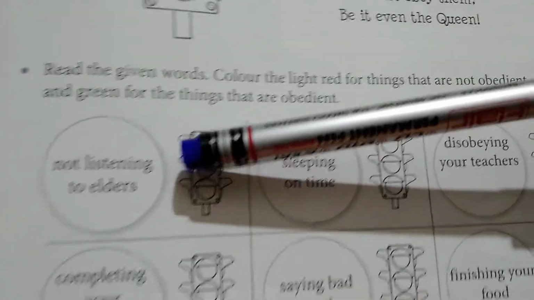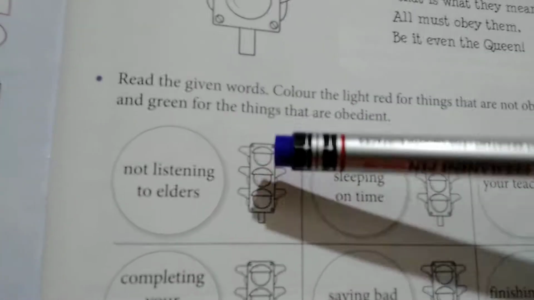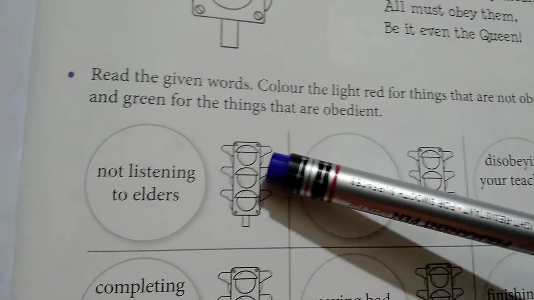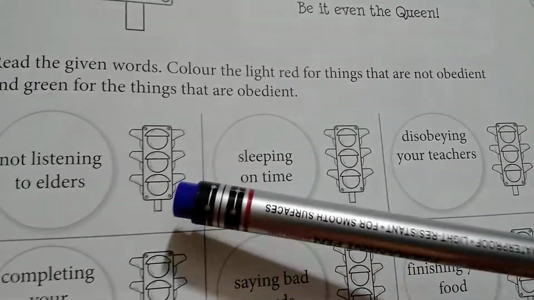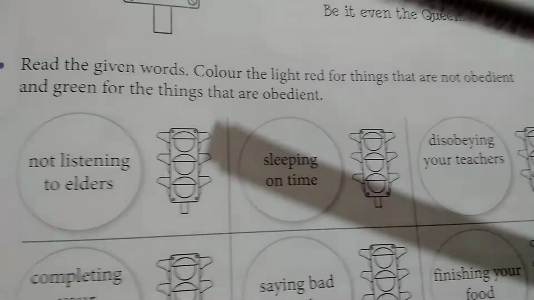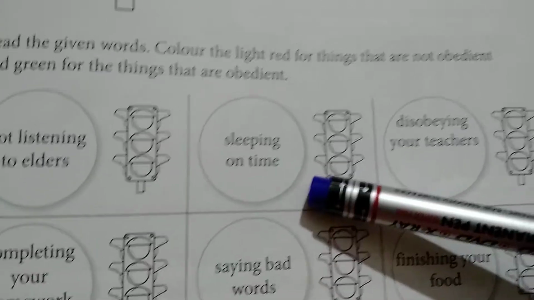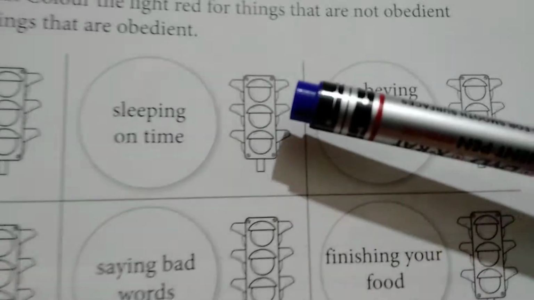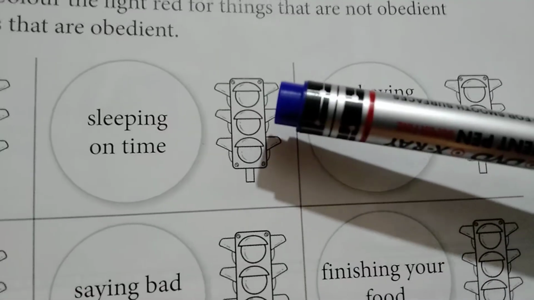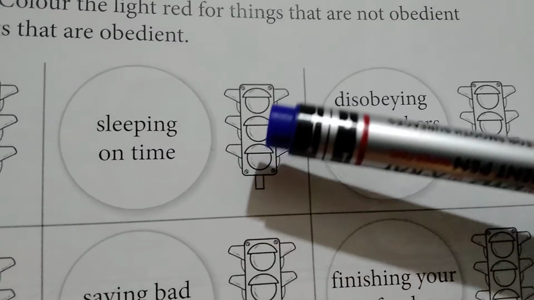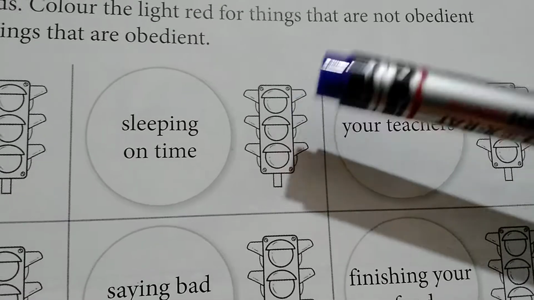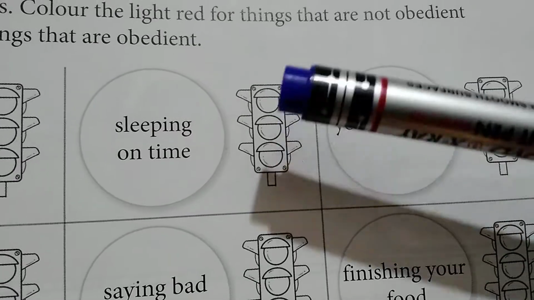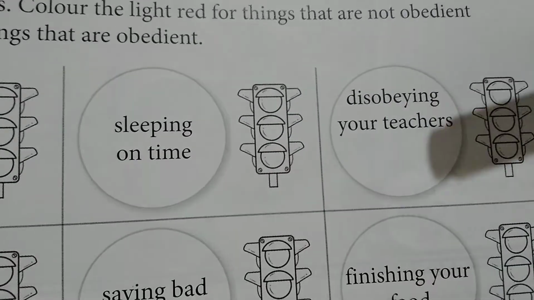Not listening to elders. What do you think? Is it for red or green? What should you color here? Red or green? Do it yourself. Sleeping on time. If it is right, or obeying the elders, you color it as green, or if it is not, color it as red.